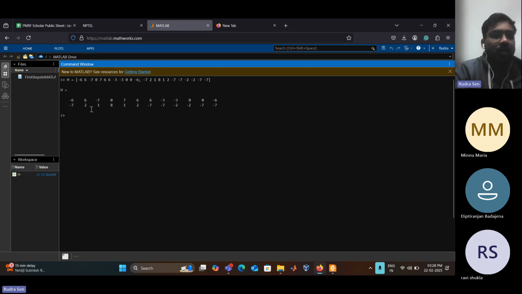So this is my matrix. Each column is basically an xy coordinate.